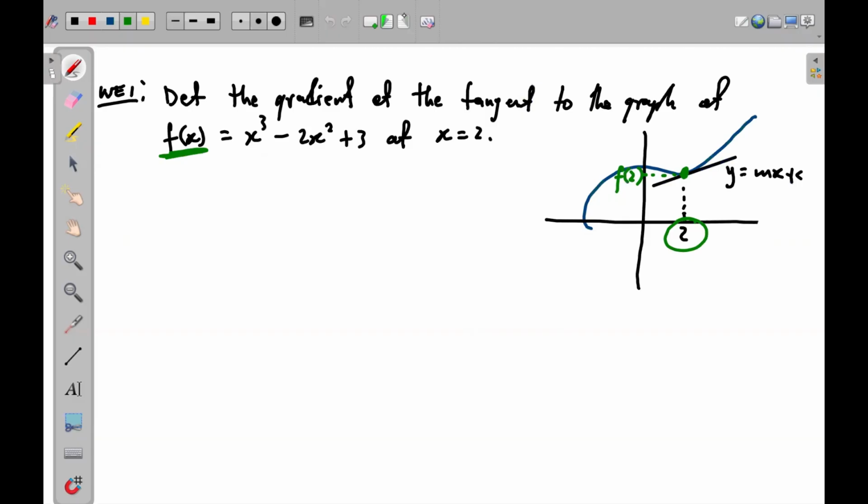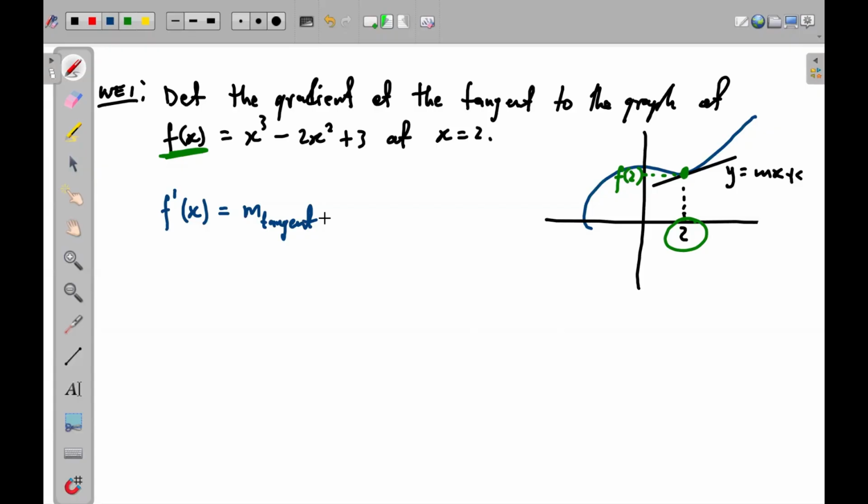Okay. So to find the gradient of this tangent, we're going to use the fact that the first derivative of this graph is equivalent to the value of the gradient of the tangent at this particular point, x equals 2.